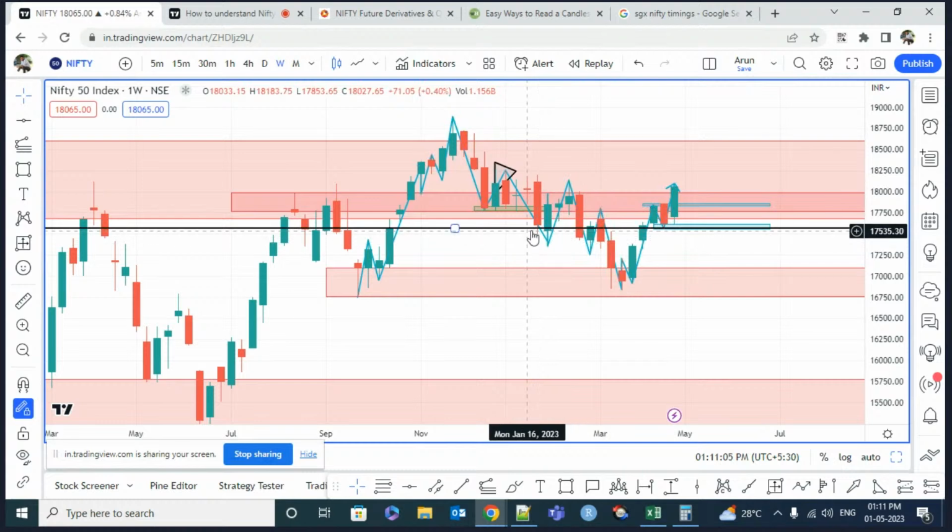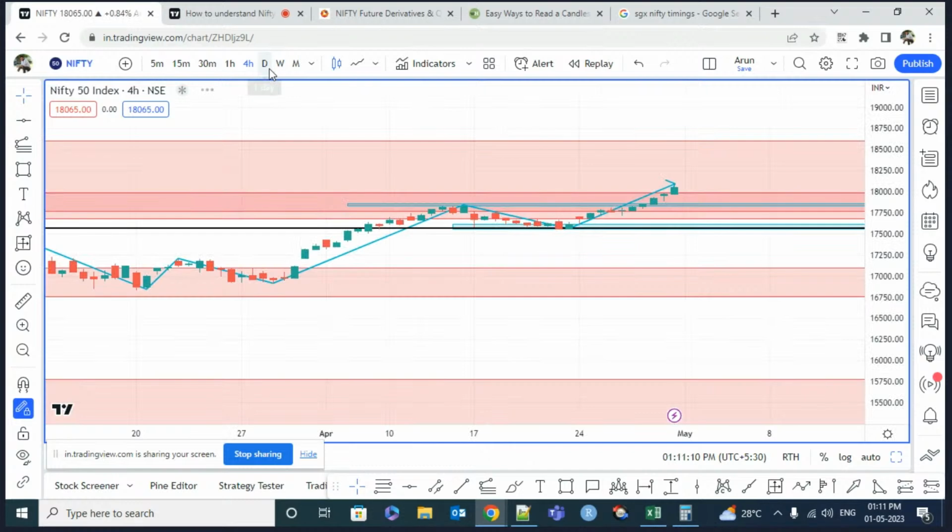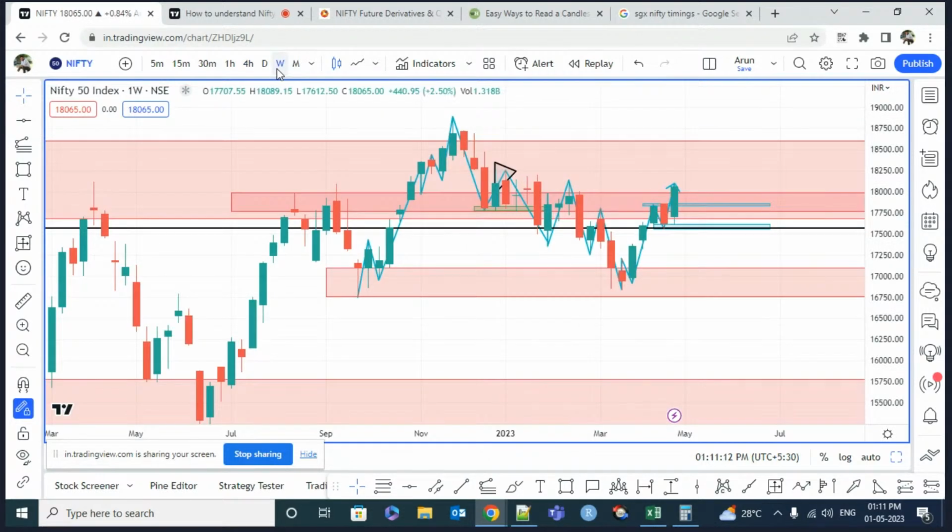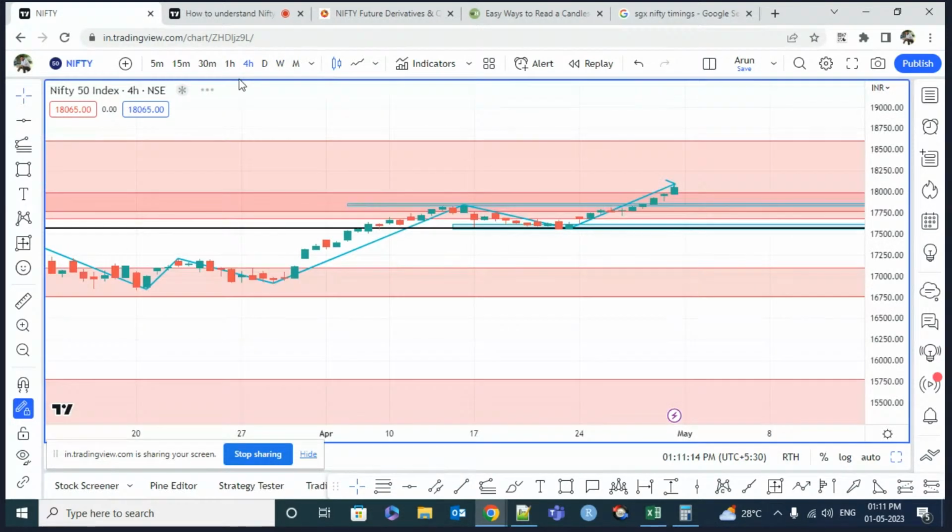Then it broke out. So always draw the analysis time frame in which, like 4 hour time frame, and then higher time frame support resistance, because the higher time frame support resistance, it's hard to break.